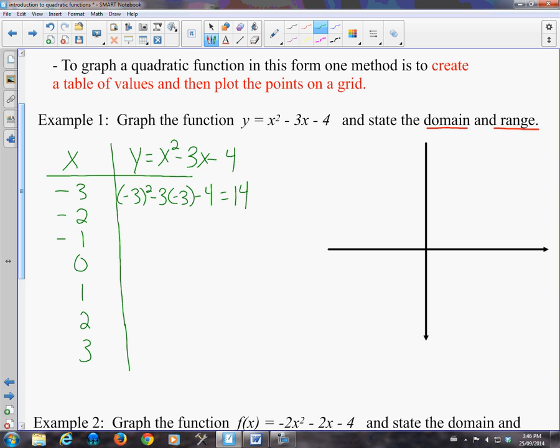And I do it again for each x number. -2 squared minus 3 times -2. So I've got 4 plus 6 is 10. Take away 4 is 6. And I do it for -1. Go ahead and figure your own out. I'm going to put each number in there.